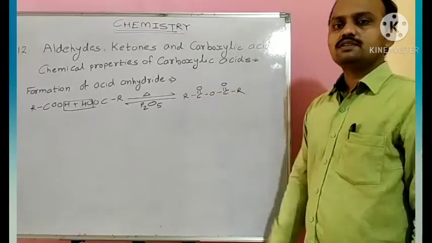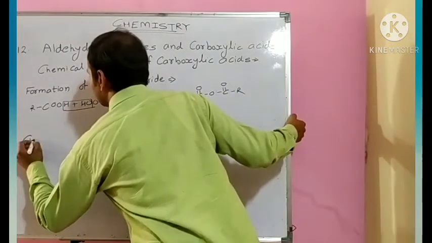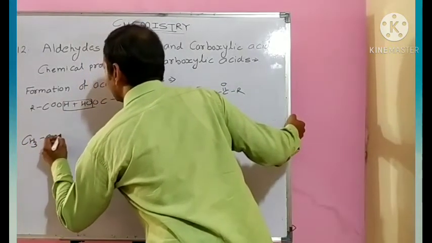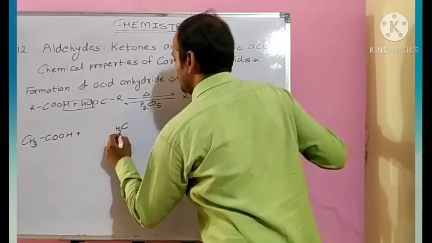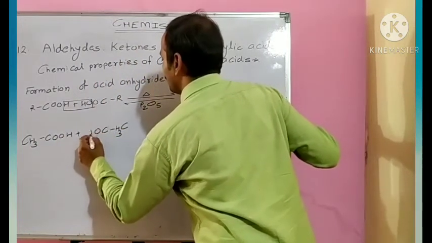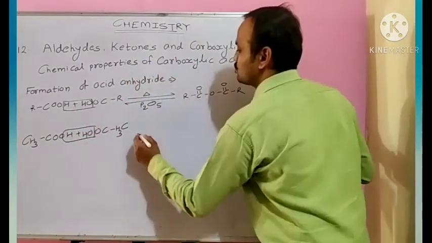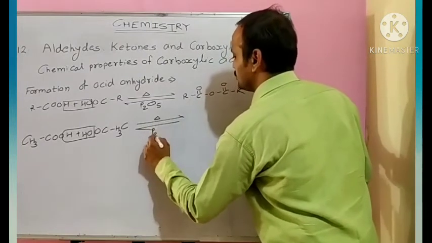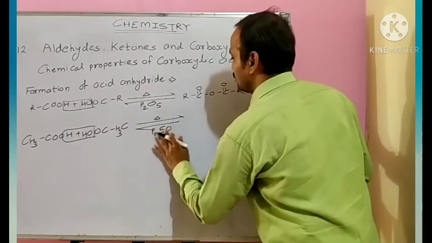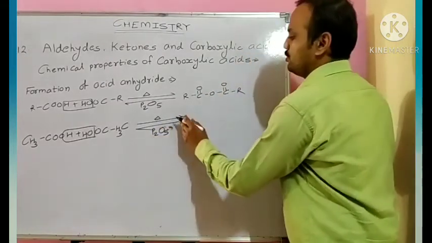Let us see example for the same. CH3COOH plus CH3COOH. Suppose this is your H2O, reversible reaction in presence of P2O5, and what we get?